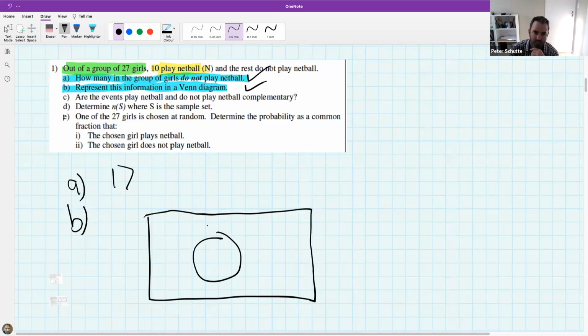So if I think of this thing, that would be N, let's say the people who play netball, and 10 people play netball. And then outside of that, people who do not play netball, there's 17, because S, the number of items in this data set, is 27. So C, are the events play netball and do not play netball complementary? Are they complementary events?